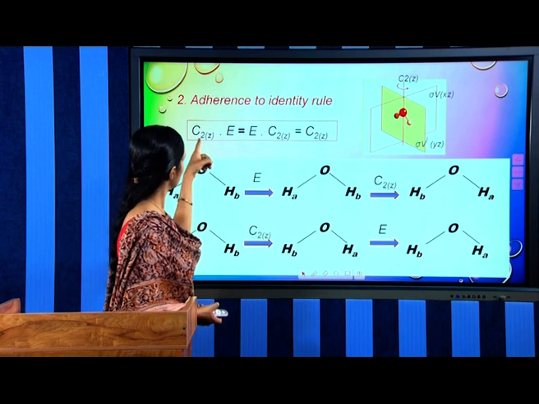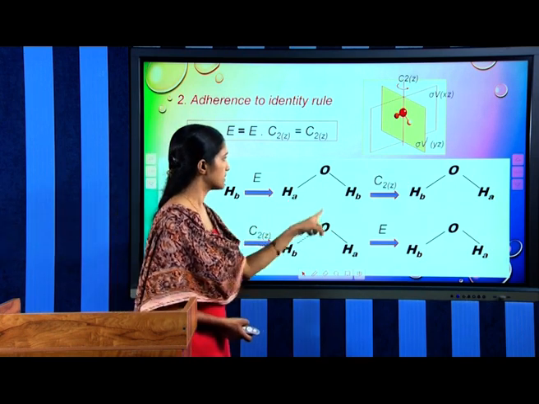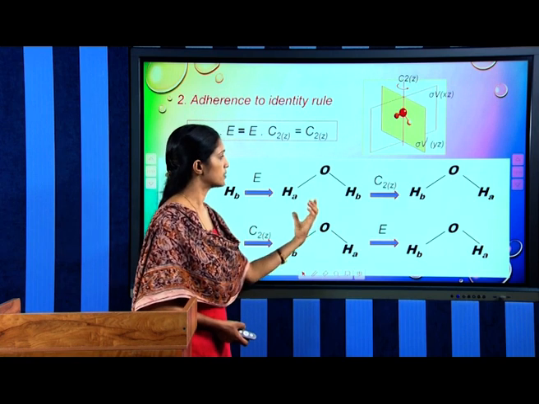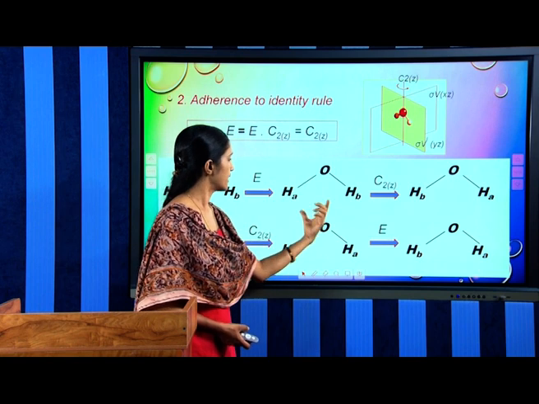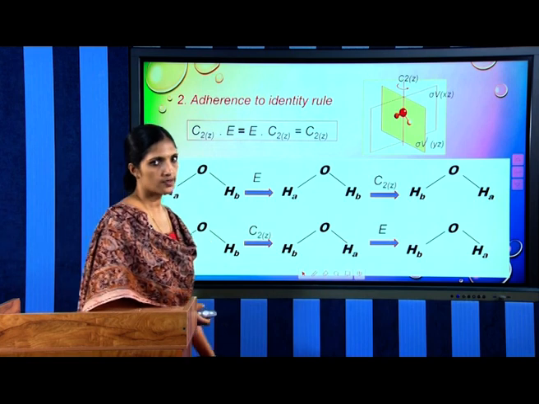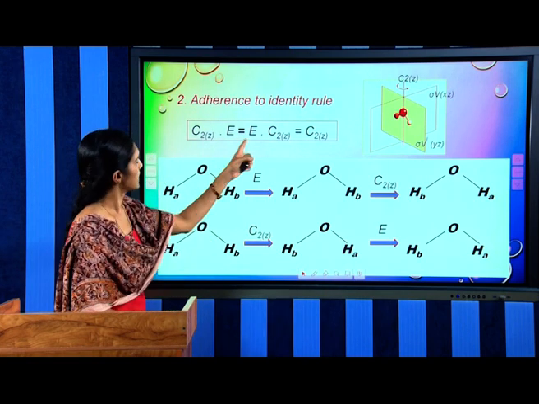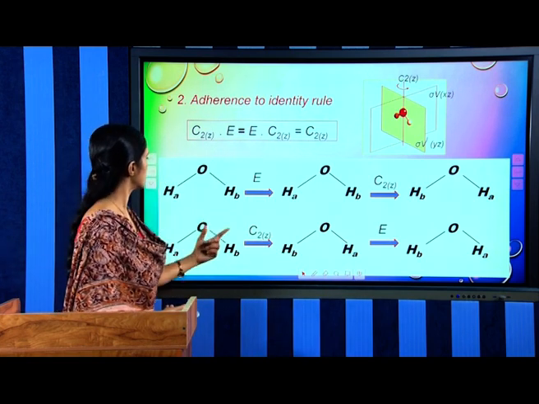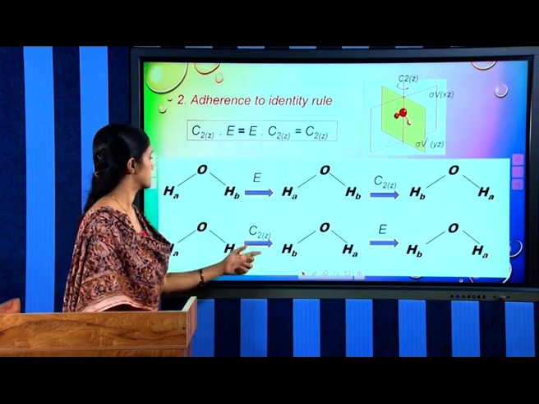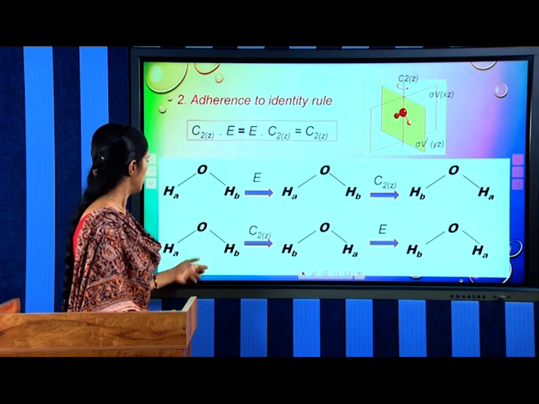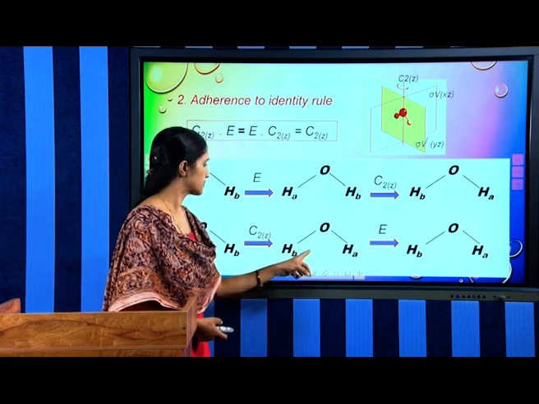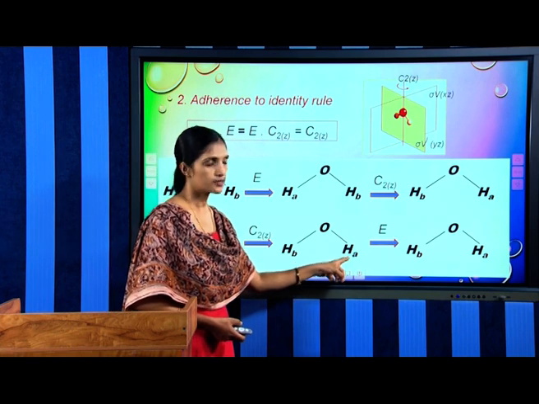After that we are doing C2z. C2z is the axis through which we are rotating 180 degrees. So, again the molecule is twisted and Hb comes first. And in the second case we are performing C2z first. Here we have to perform C2z first, so that the hydrogens are exchanged and Hb comes here, Ha comes here.